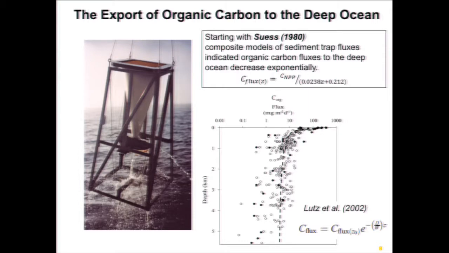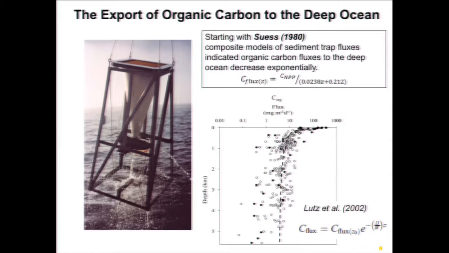But the observation was that there was an exponential decrease in carbon flux with depth in the ocean, but that it scaled with the net primary production at the surface. The Suess relationship was based on the data that's shown with the solid symbols in this diagram, which is from a later paper by Lutz et al.